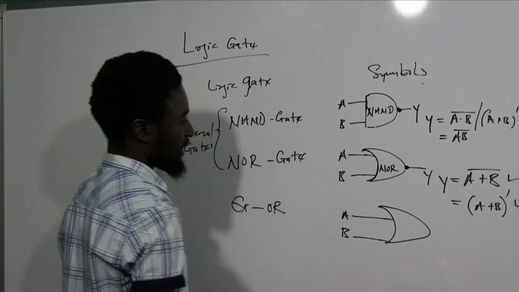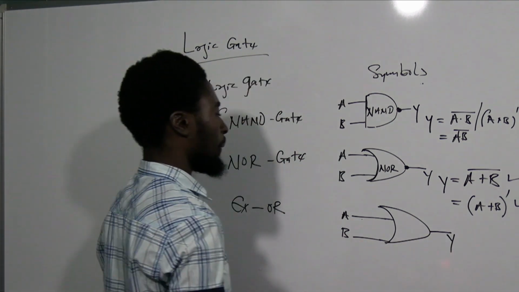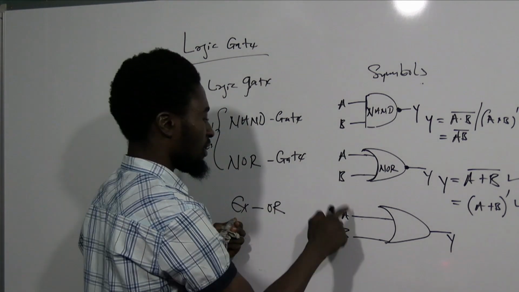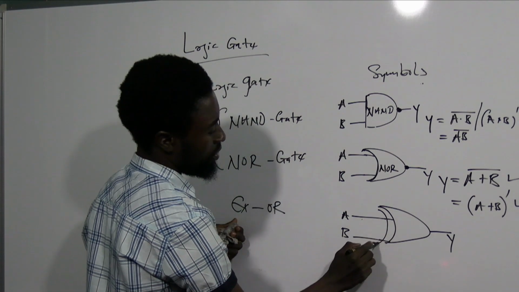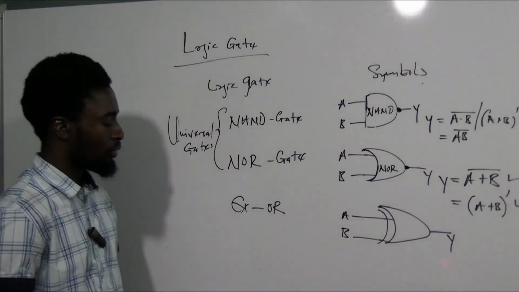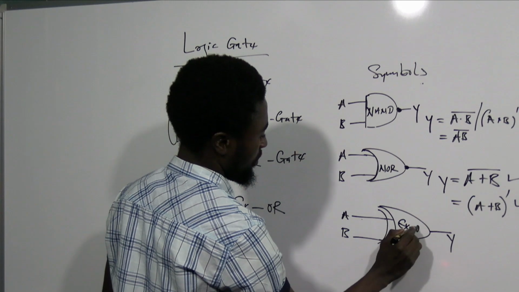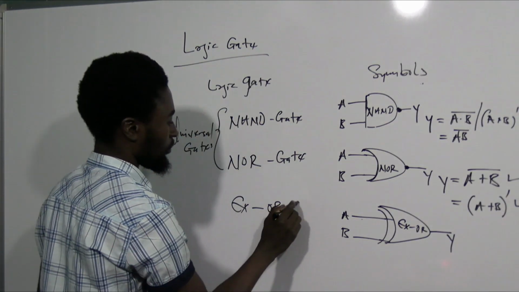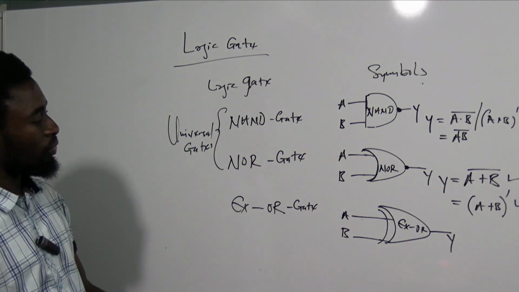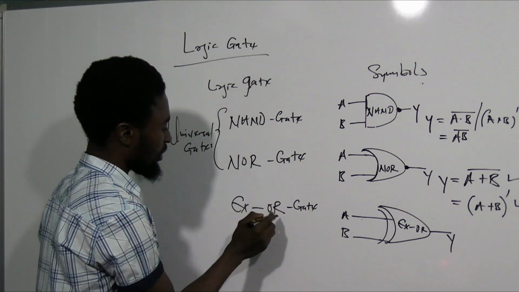We are not taking the complement of OR, so we just have to look at the output Y. But since we are taking the exclusive value of these two inputs, you draw another line this way. So this is how to draw your XOR, the exclusive OR gate. But how can you write it? Of course, we know the operation that we perform when dealing with the OR gate.